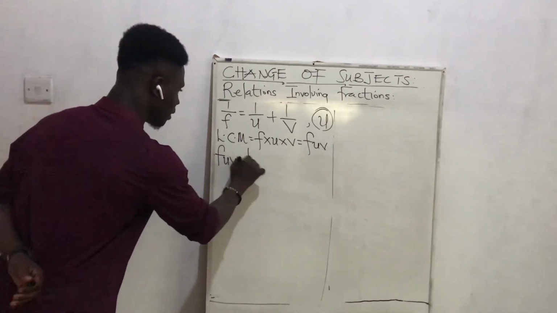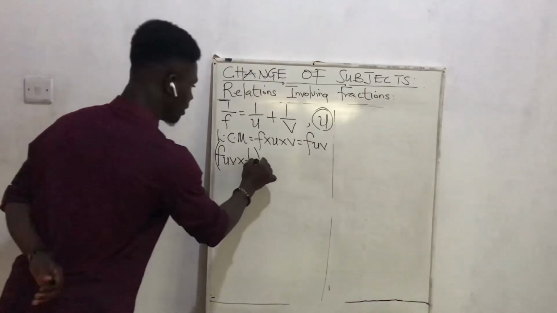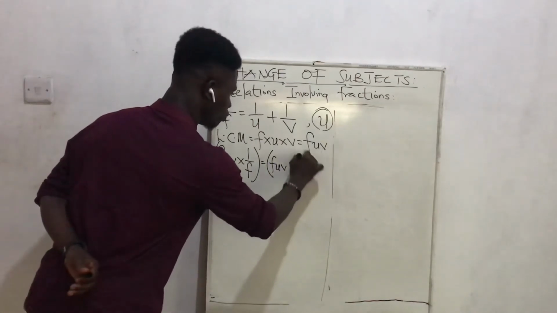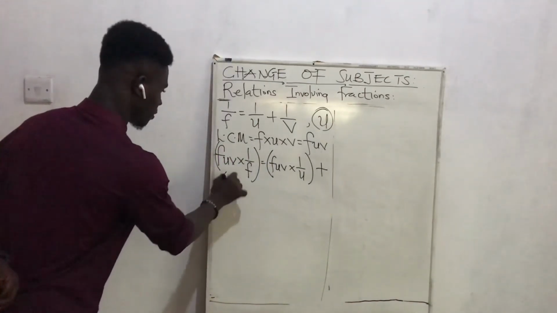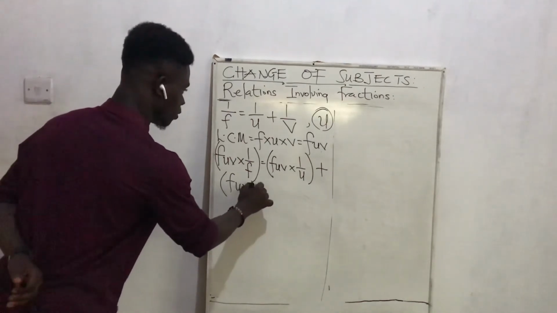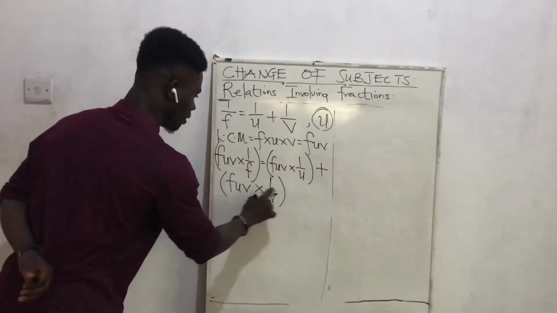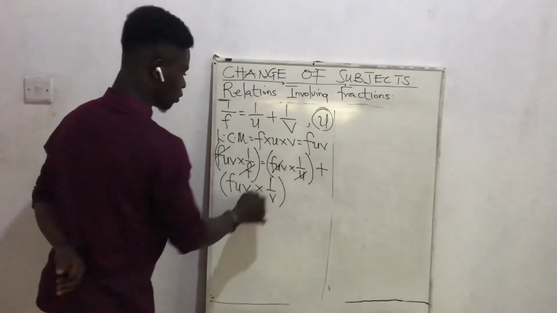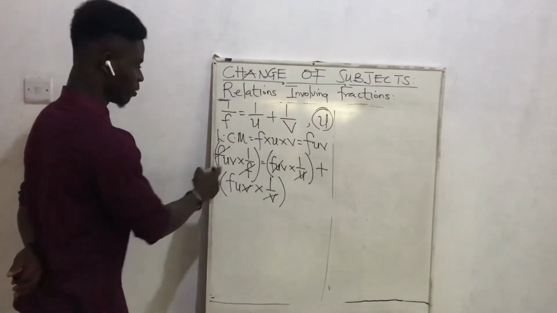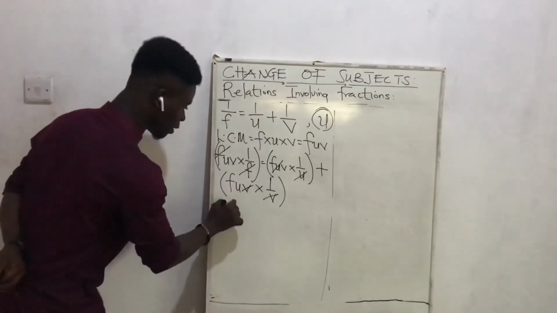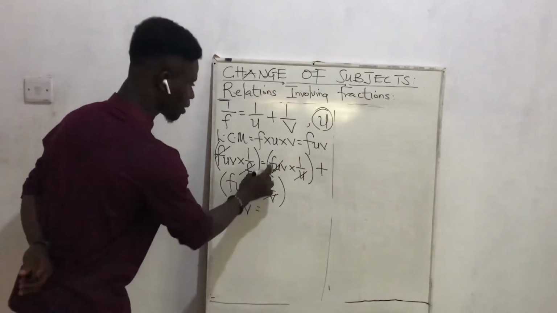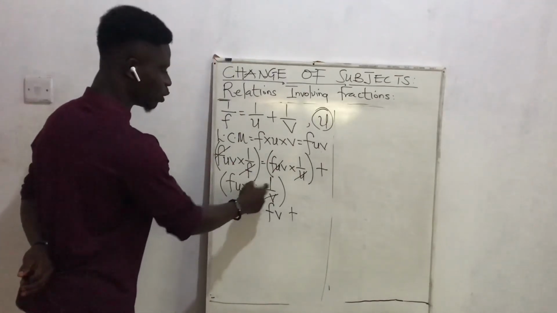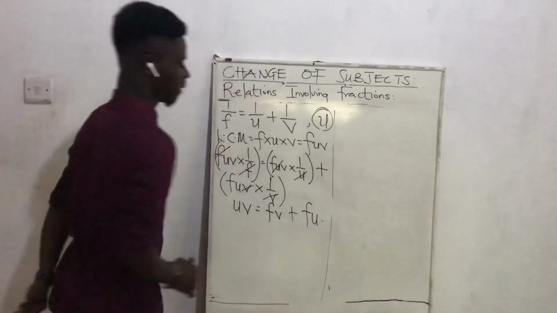So I have FUV multiplied by 1 on F, then equals FUV multiplied by 1 on U, then plus FUV multiplied by 1 on V. So this F cancels F, U cancels U, V cancels V. So I have UV multiplied by 1, which is UV, equals FV times 1, which is FV, then plus FU multiplied by 1, which is FU.